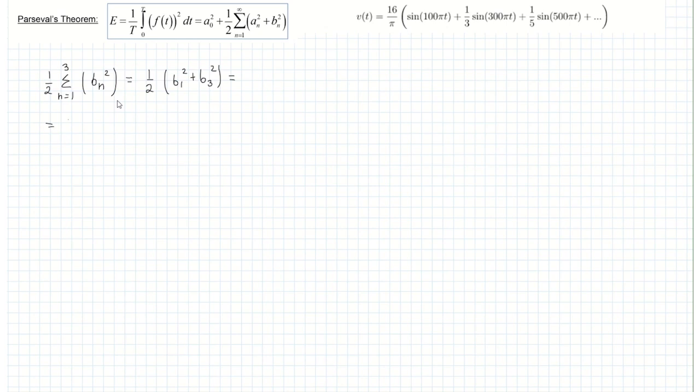That is equal to 1 over 2 times 16 over pi squared plus 1 over 3 times 16 over pi squared, and that is equal to 14.41. Now we have to calculate what percentage of total energy is in the first three harmonics. So we will take 14.41 divided by 16, that was the total energy, multiplied by 100%, and that gives us the answer 90%.